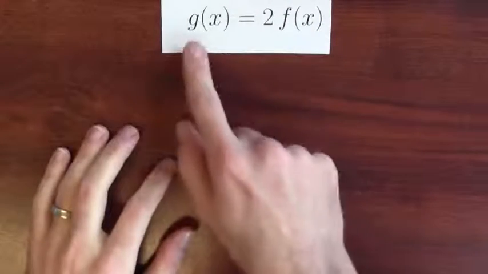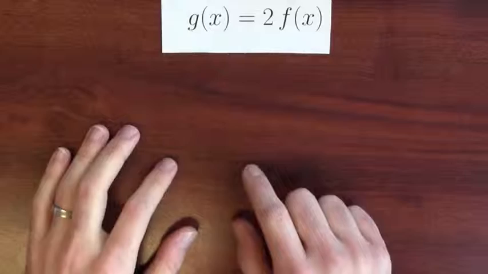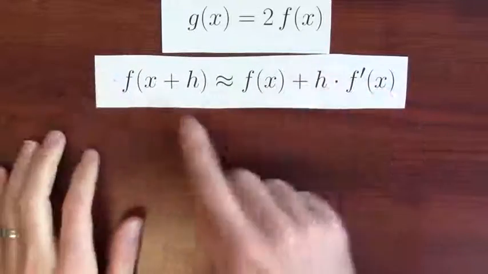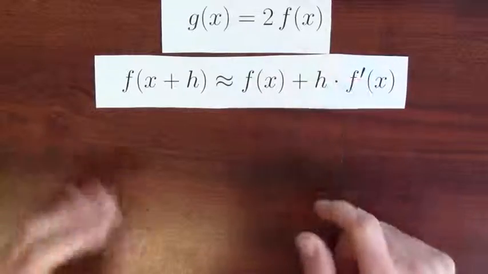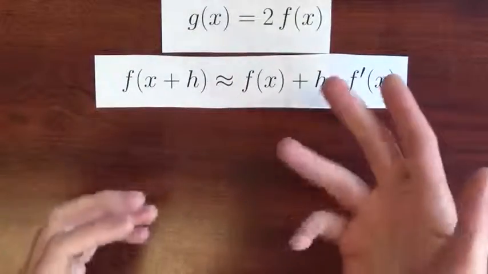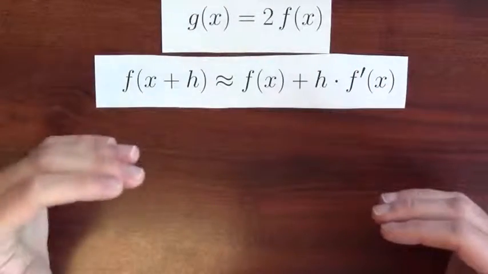Here's what I know. I know that g of x is twice f of x. g is that constant multiple of f. I also know something about the derivative of f. The derivative encodes how input changes become output changes. Or a bit more precisely, the derivative in the limit is the ratio of output change to input change.